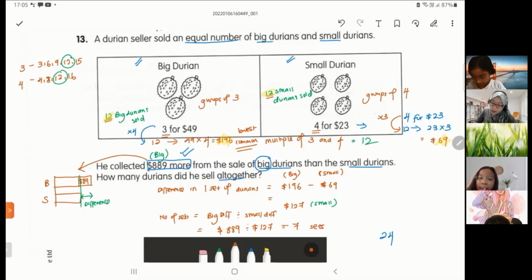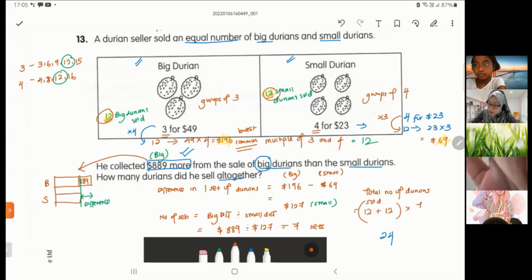Okay, so total number of durians. You know that there are 12 and 12, right? We know that there are 12 small and 12 big. So you add up together the total number of durians. Big is 12, small is 12, plus together times 7 sets.